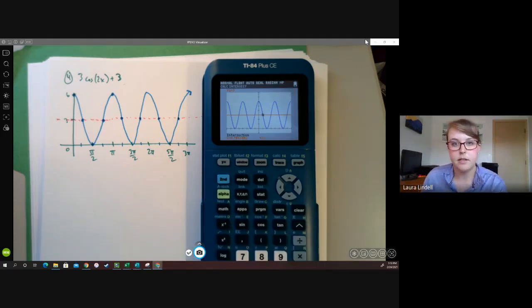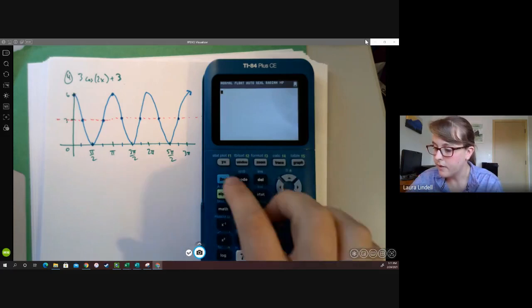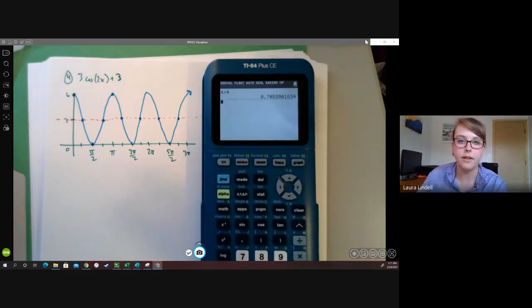So if you would like to know the exact value of where they cross, then you're probably going to need to either use Desmos, or, if you think that that's probably pi over 4, you can hit second quit and then see what the value of pi over 4 is and go, oh, that's the same value. So there's kind of ways around it in that regard, but I haven't found a way yet to have it give you exact values.